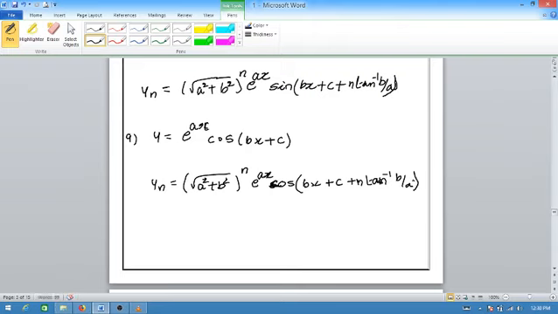In the same line we can find it for e to the power of ax into cos(bx plus c).